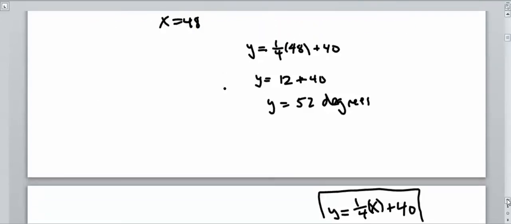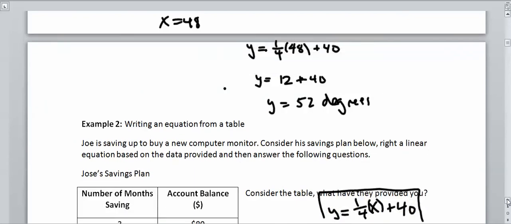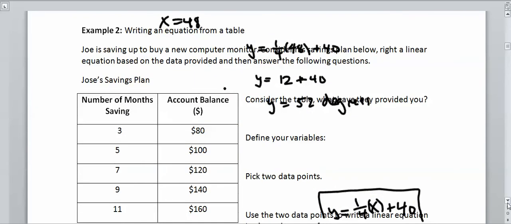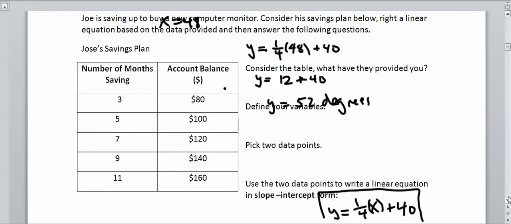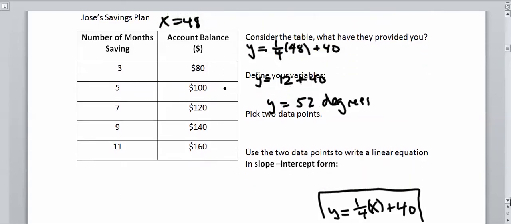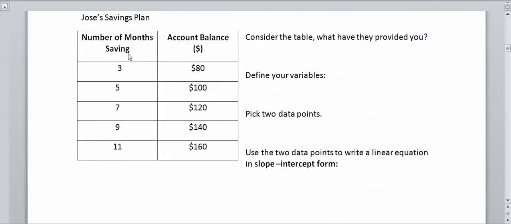Alright, so my second example here is write an equation from a table. So Joe is saving to buy a new computer monitor. Consider his savings plan below. Write a linear equation based on the data provided, and then answer the following questions. Okay, so if I'm considering this table, the number of months of savings, 3, 5, 7, 9, and 11, what have they provided me?